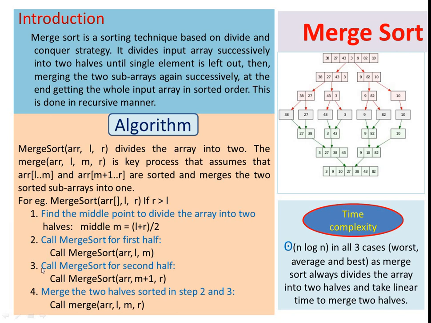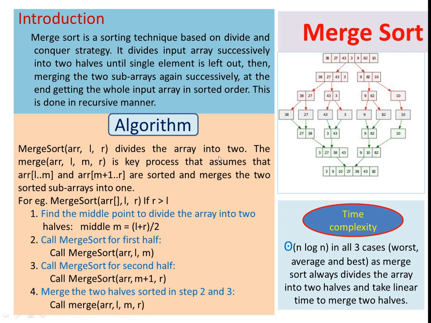The third step is calling merge sort for the second half: merge sort array, middle plus 1 to the rightmost index. The fourth step is to merge the above two halves that result after executing the second and third steps, so we call merge with array, left index, middle value and right index. So this is how the algorithm works.